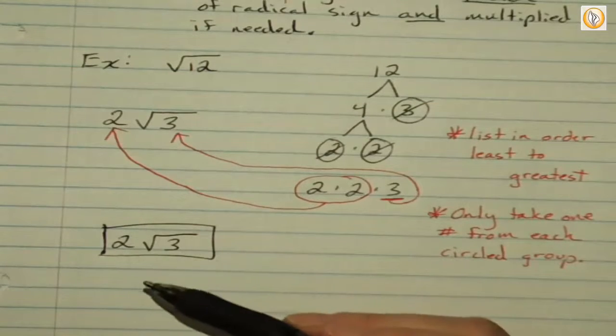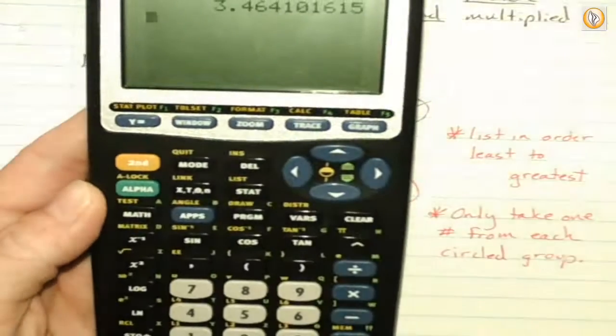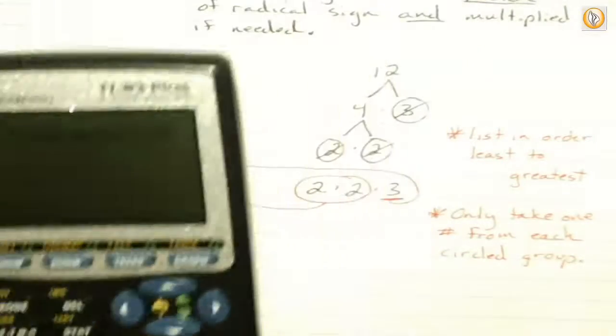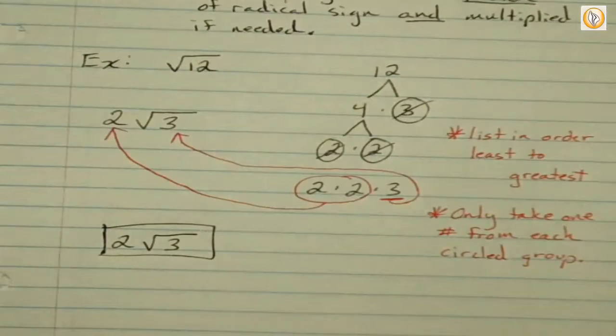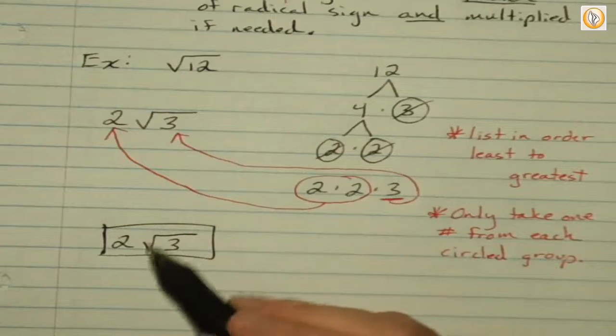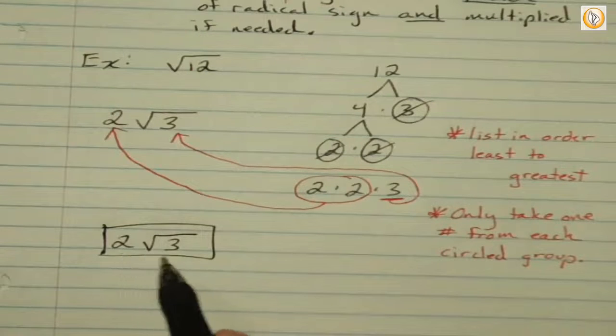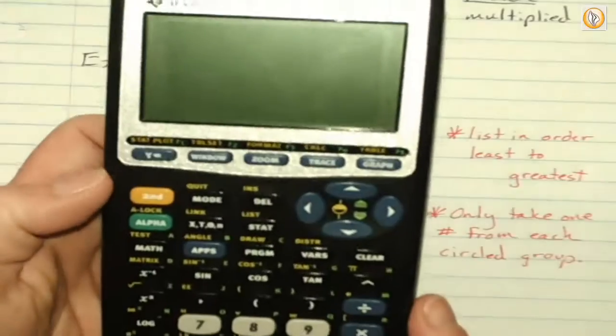Wait, did it say 3? 3 was what's in the square root. Is that a coincidence? Now, look here. Let's put this into our calculator, see if we get the same thing. That's 2 times the square root of 3.